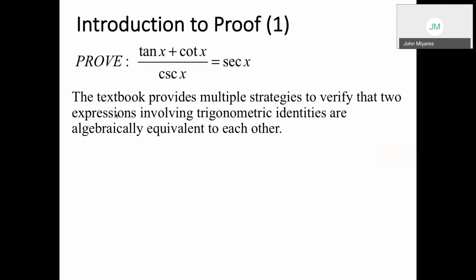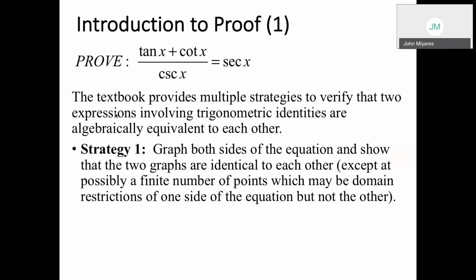The first strategy they introduce is to graph both sides of the equation and show that the two graphs are going to be identical to each other, except possibly at a finite number of points, which may be the domain restrictions of one side of the equation, but not in the other. While getting two graphs to overlay each other will show that they are algebraically equivalent, that is not going to be the most efficient way of approaching any of these problems, especially if on your homework you're not able to show me your graphs.